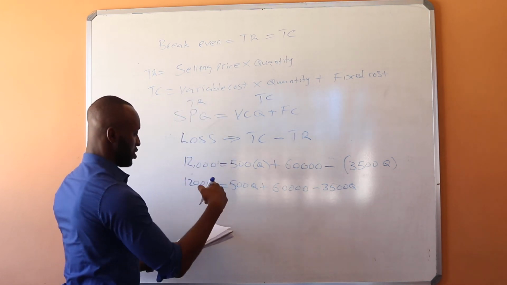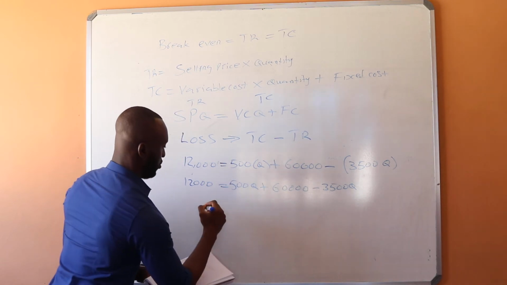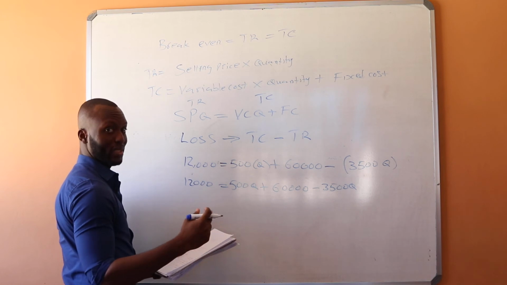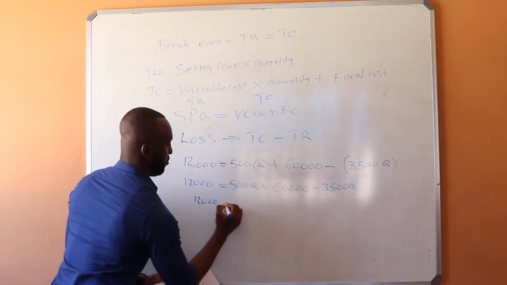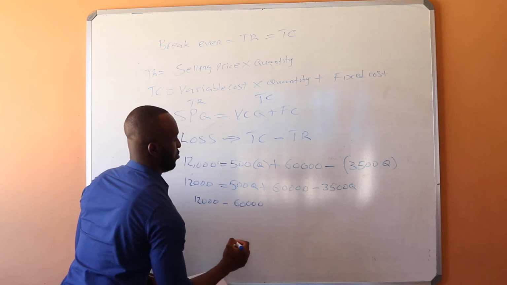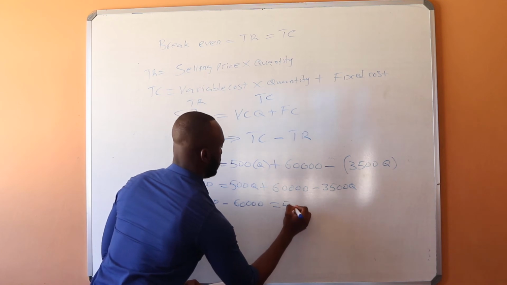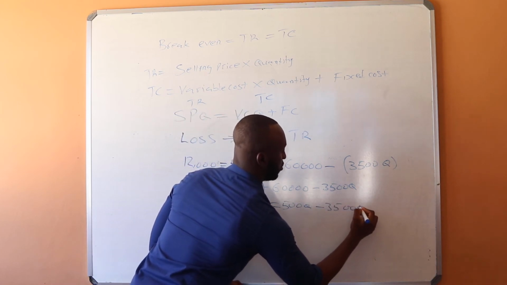So when we solve this out, we're going to take like terms, okay? We take like terms. So this is 12,000 minus 60,000 is equal to 500 cubed minus 3,500 cubed.